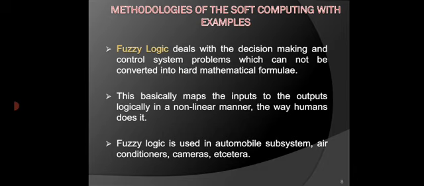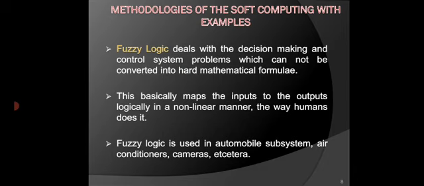So our next topic is methodologies of soft computing with examples. First we have fuzzy logic. Fuzzy logic deals with decision making and control system problems which cannot be converted into hard mathematical formulas.